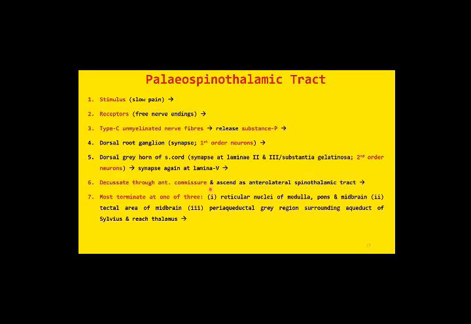So they either terminate at the reticular nuclei of the medulla, pons or midbrain, or they can terminate in the tectum of the midbrain, or sometimes at the periaqueductal region of the aqueduct of Sylvius, and then they reach the thalamus. From the thalamus, few of the fibers synapse in the ventrobasal complex. From there, the third order neurons arise and they reach the basal regions of the brain and hypothalamus.